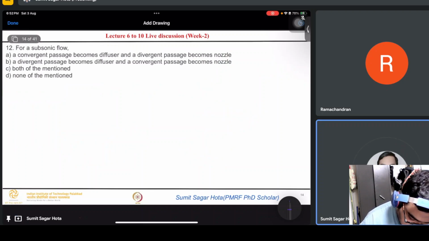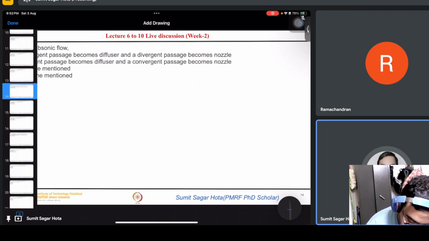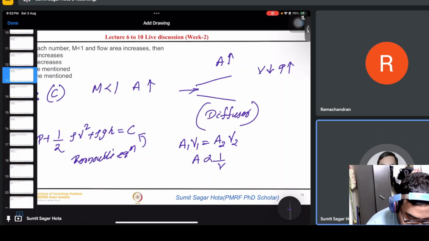Now for a subsonic flow, which among the following options is going to be correct? For subsonic flow, a convergent passage becomes a diffuser. Subsonic flow means Mach number less than 1.